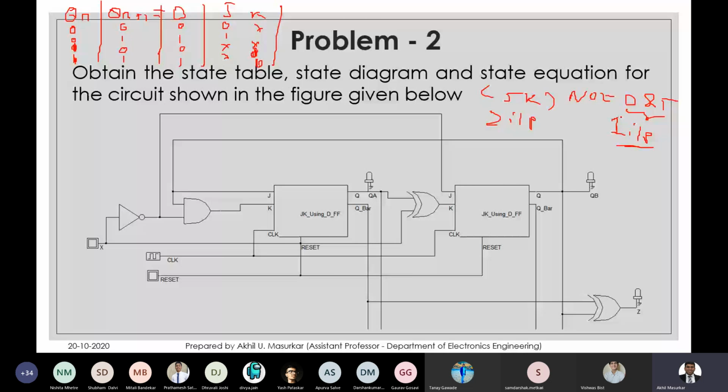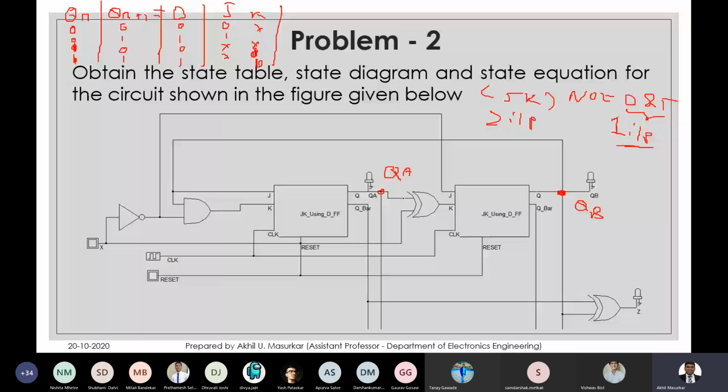Okay. So this is the point that you have to note. Certain things you can straight away see from this circuit. If you backtrack, this point is QB and this point is QA. So as soon as you see the circuit, don't see what it is, just try to observe the connections for some time and you can see here that this QA goes to the next flip flop.